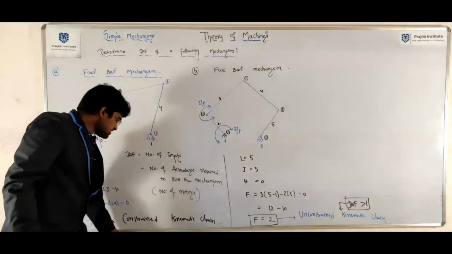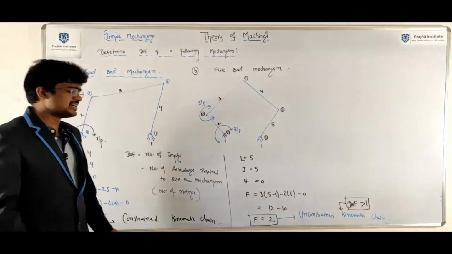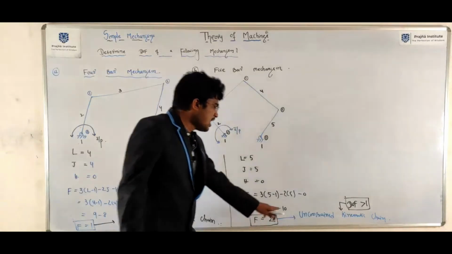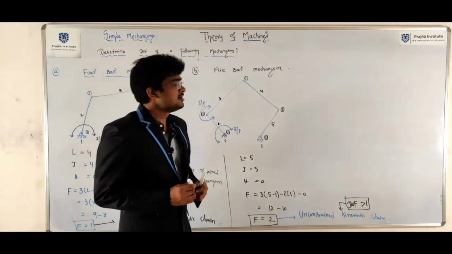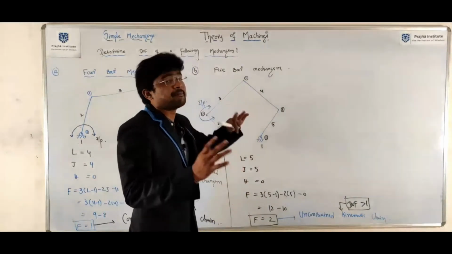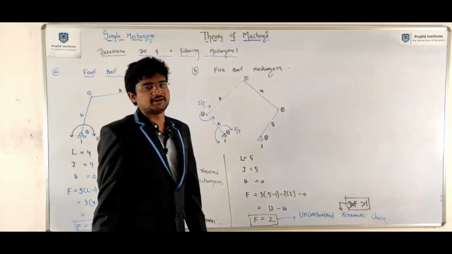That is the definition of constrained and unconstrained kinematic chain. The 5-bar kinematic chain or mechanism is an unconstrained kinematic chain.